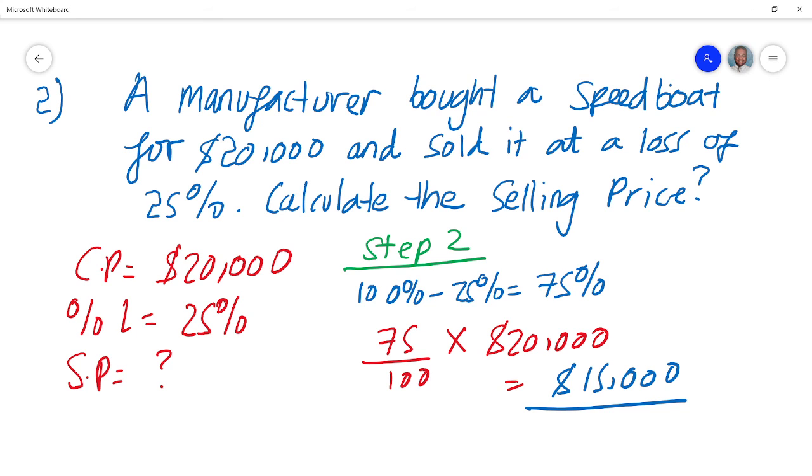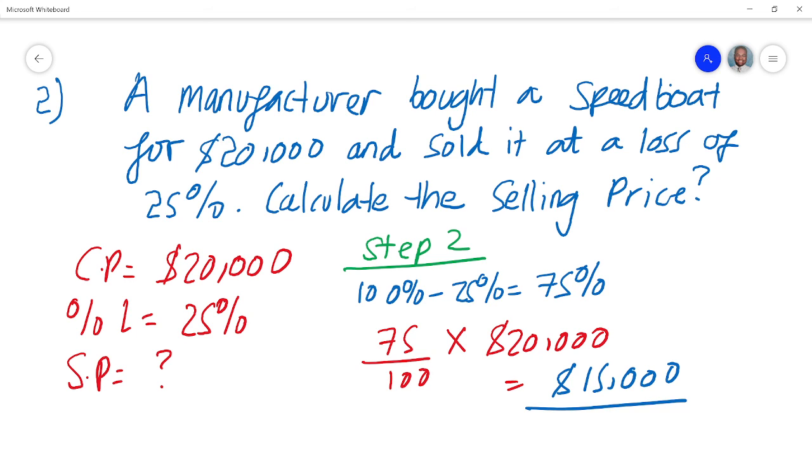It's the methodology. In step two, we've subtracted from 100% because it's a loss, and then you get 75 over 100 times $20,000. So in a nutshell, you now know how to calculate not just percentage loss, but you're now able to find the selling price after calculating the percentage loss.